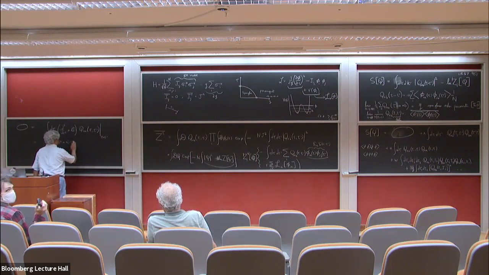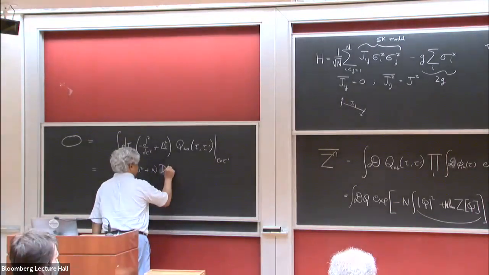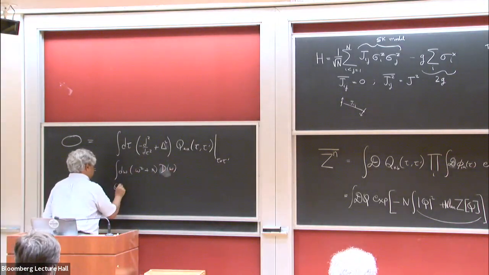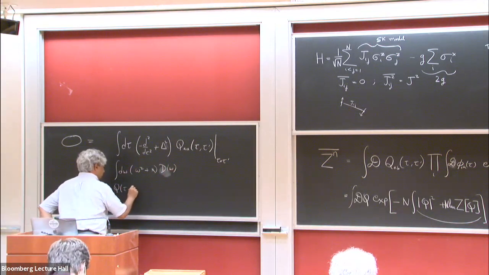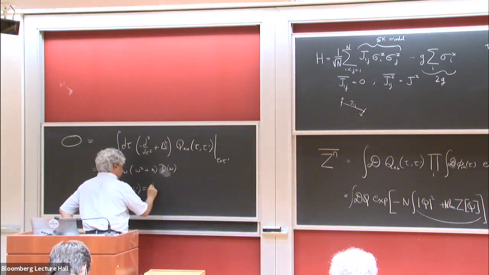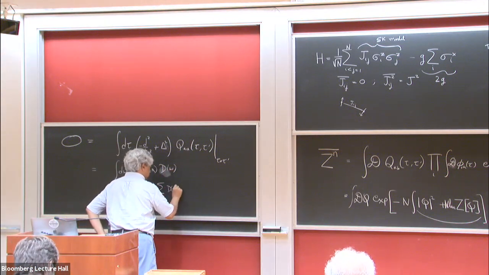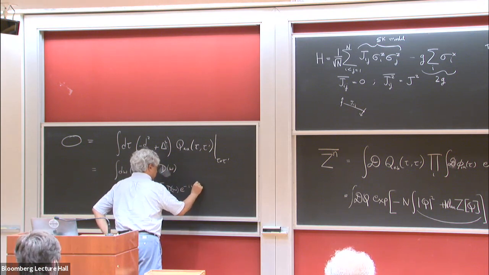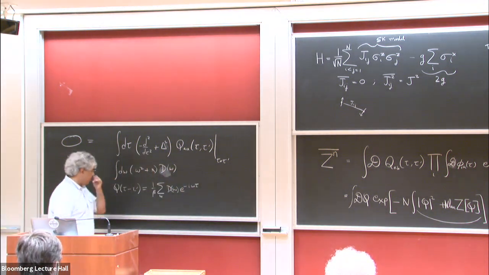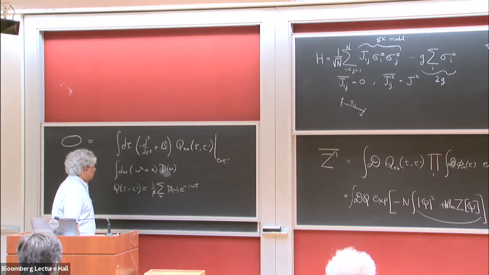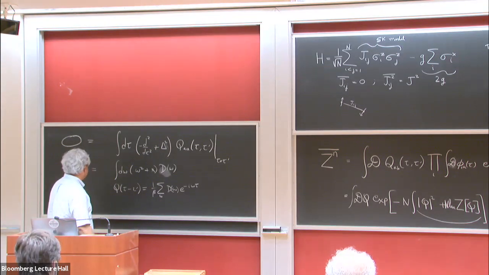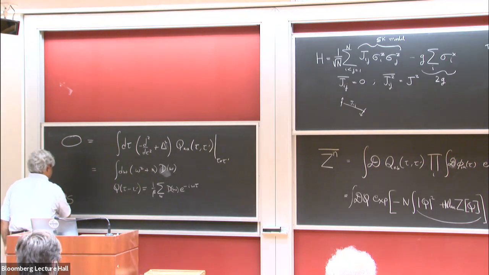In frequency space, I'm going to call this D of omega, where Q of tau minus tau prime is equal to 1 over beta, sum over omega. Okay, so then, functional in the replica. So this is the paramagnet. The function of D.